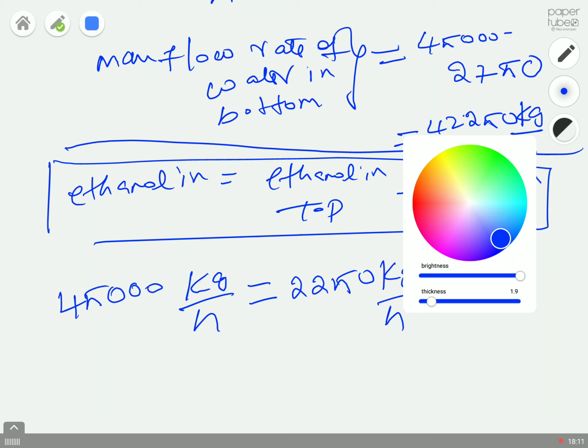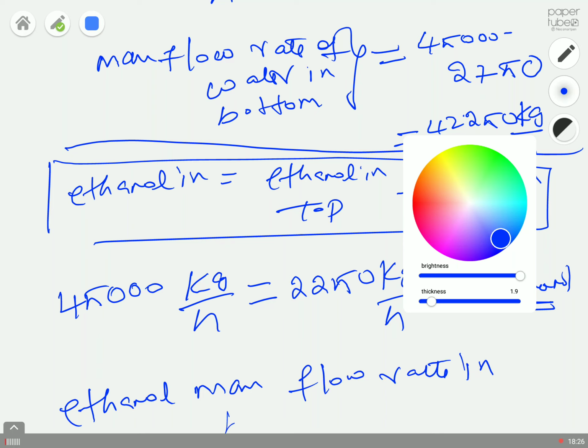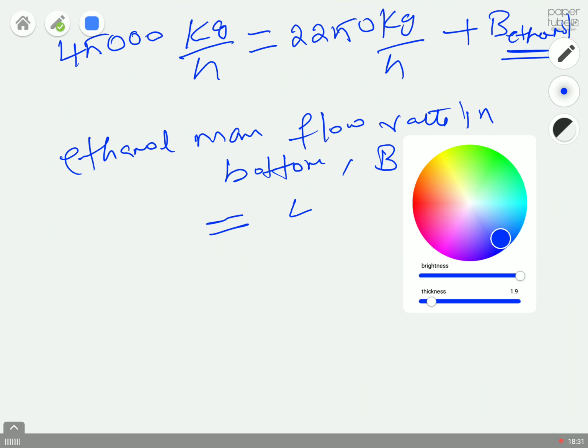That's in top, plus bottom ethanol. So the ethanol mass flow rate in bottom, or B, should be equal to 45,000 minus 2250 kilograms per hour.